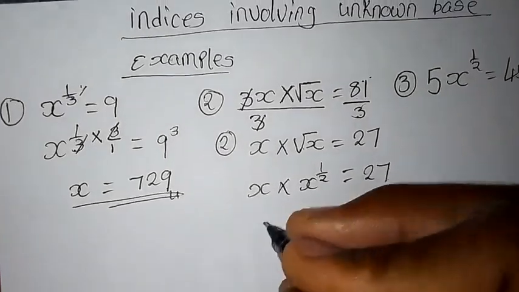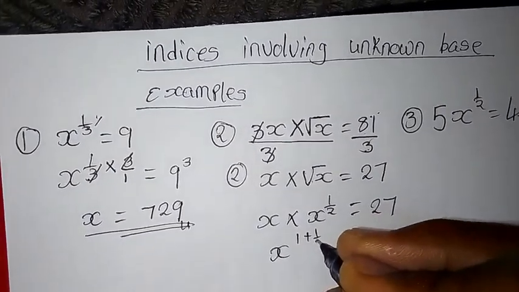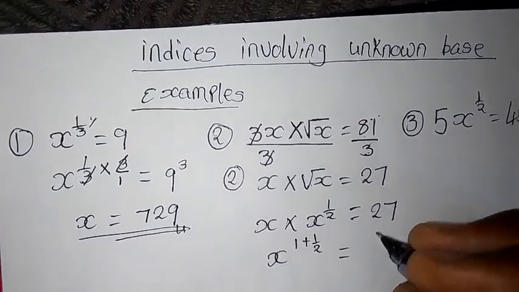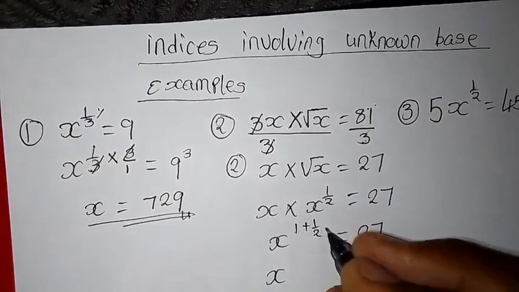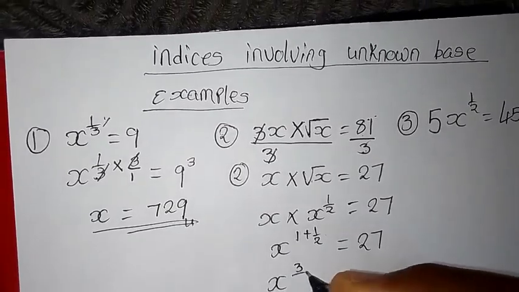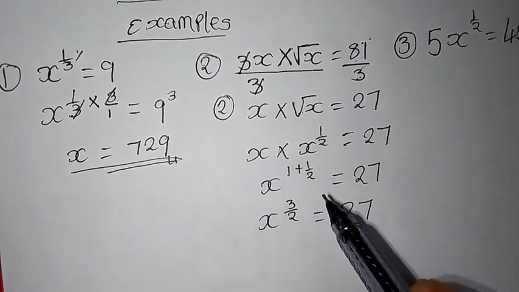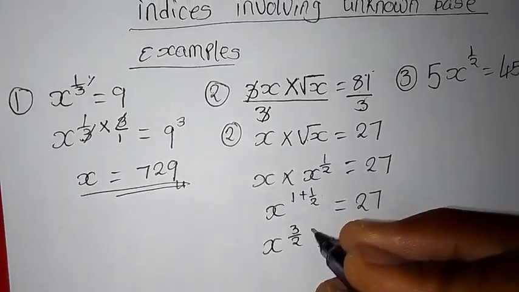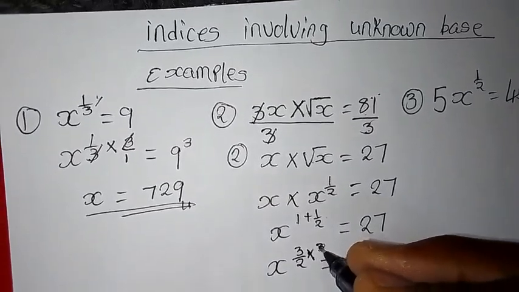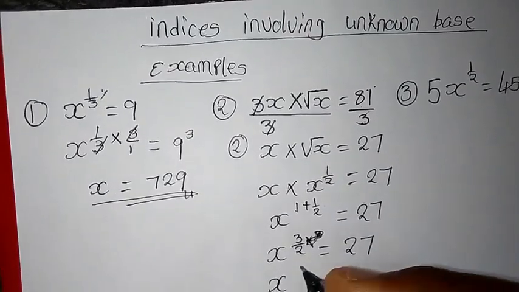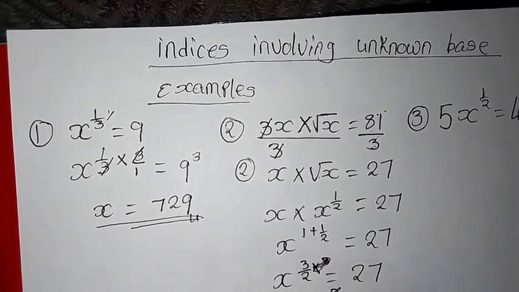So it's going to be x^(1 plus half) equals 27. So x^(1 plus half), which is 3 over 2, equals 27. For this one here, we're also going to use the multiplicative inverse, which is the reciprocal. Let me just write it down. So x^(3/2) multiplied by 2 over 3. 2 and 2 cancel. 3 and 3 cancel.